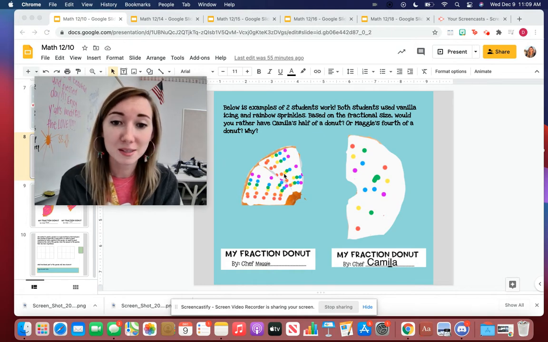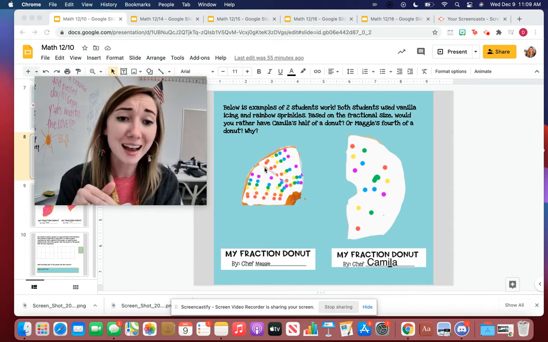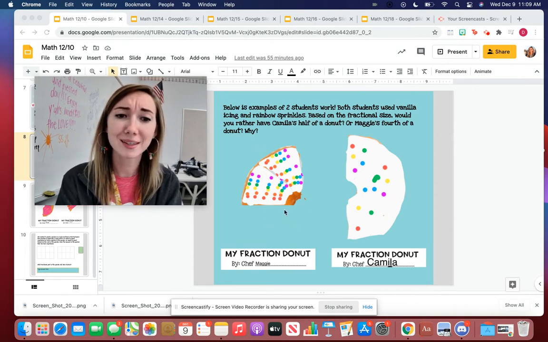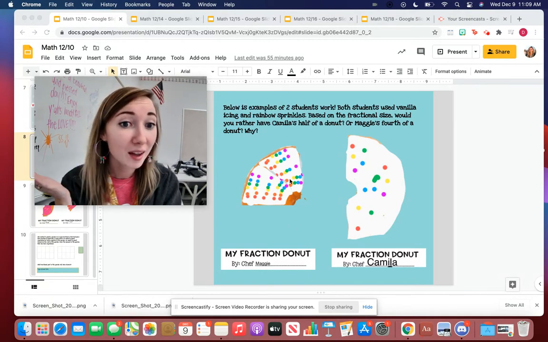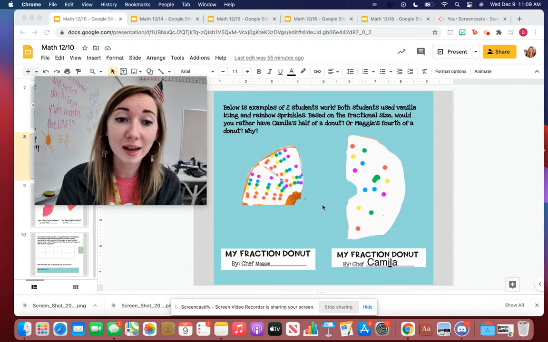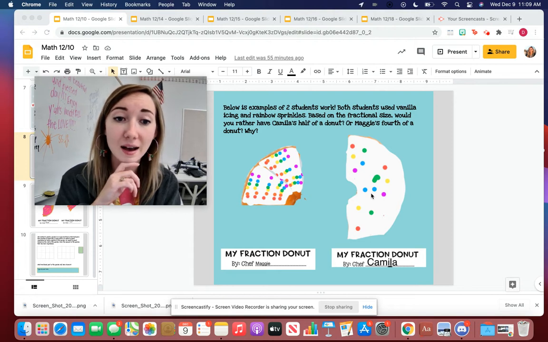Some people notice it might have a lot more sprinkles, so she used more sprinkles than Camila. But besides the fact that it has more rainbow sprinkles, what do we notice about the size of this part? Let's try one more time. The size of Maggie's fourth is smaller than the size of Camila's half.